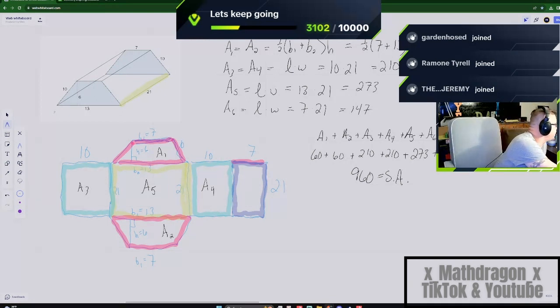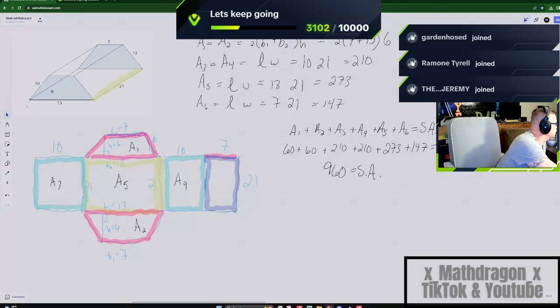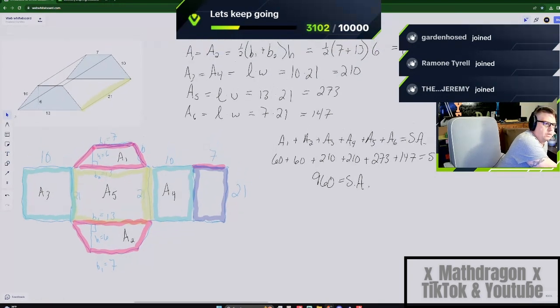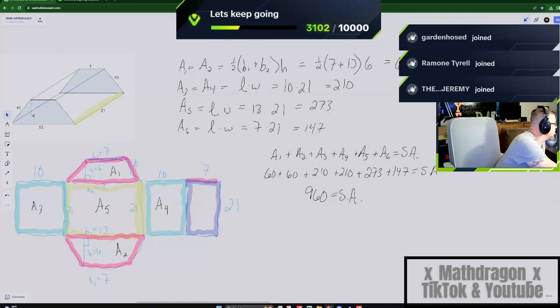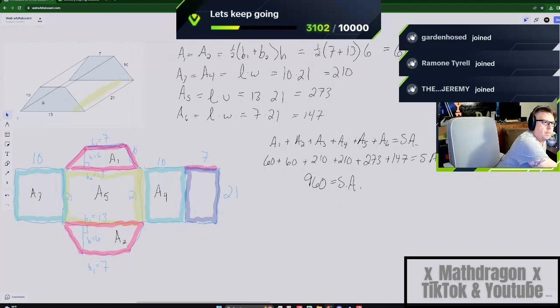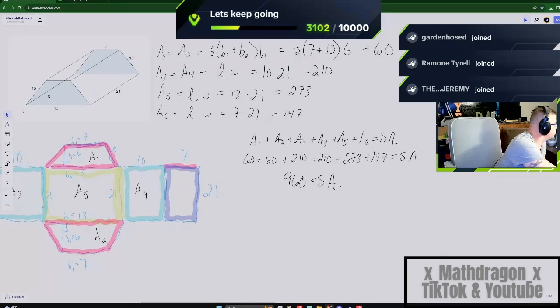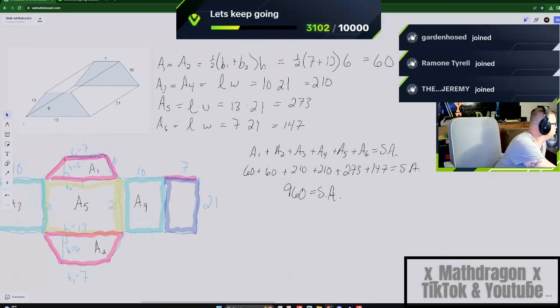All right. Let's slide this over just a tad so we can see the surface area over here. So we can see A1, A2, A3, A4, and this was A6.